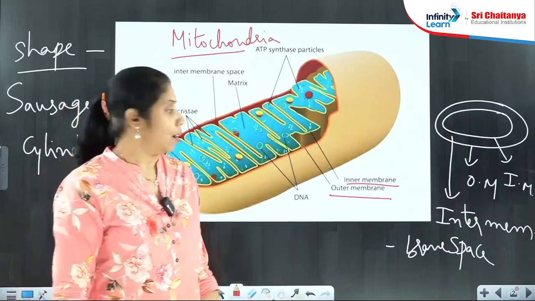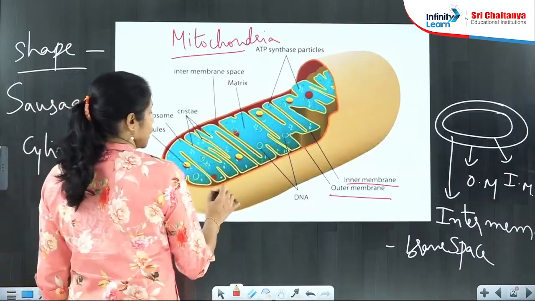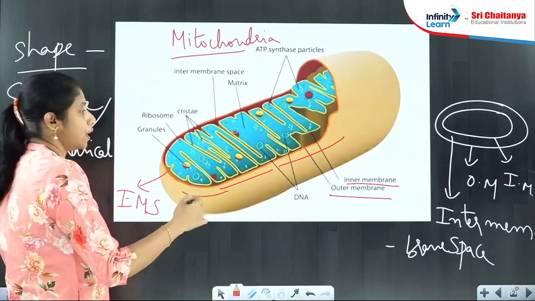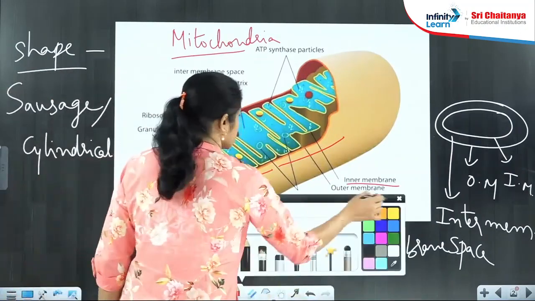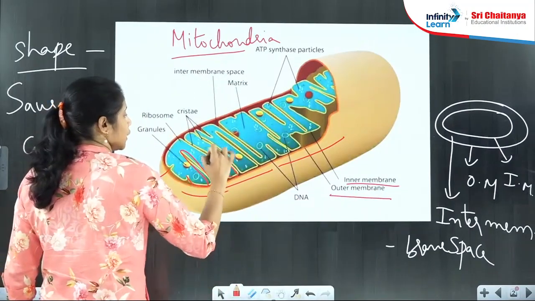And if you see very clearly, the outer membrane is continuous. There are no interruptions for this outer membrane. But whereas inner membrane, all of you can see here clearly, the inner membrane is showing the projections, finger-like foldings.